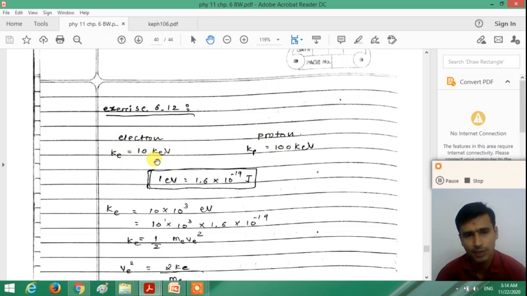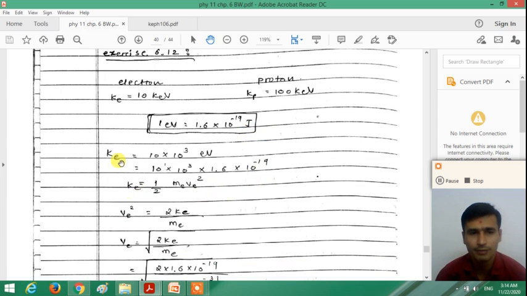Kinetic energy of the electron is 10 kilo electron volt, and kinetic energy of the proton is 100 kilo electron volt. 1 electron volt is equal to 1.6 into 10 raised to minus 19 joule. Which one is faster? So we need to find the speed of the electron and the speed of the proton.